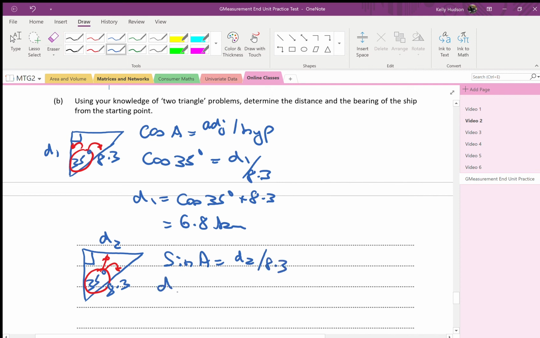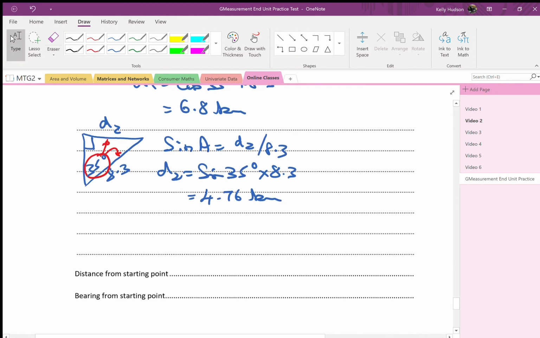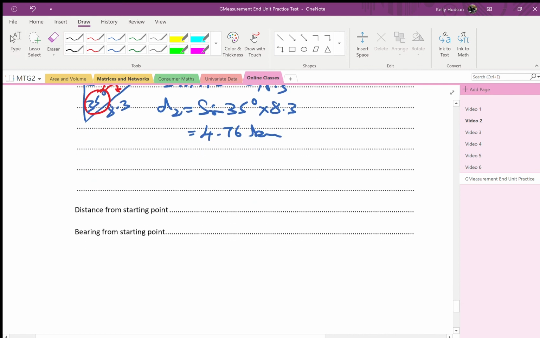So, D2 is equal to sine of 35 degrees multiplied by 8.3. So I multiply both sides by 8.3 and I end up with 4.76 kilometers. Alright, so now what I need to do is to work out my distance from starting point and my bearing. Okay, so let's have a go at that.